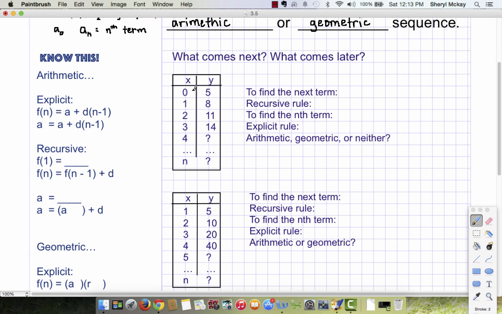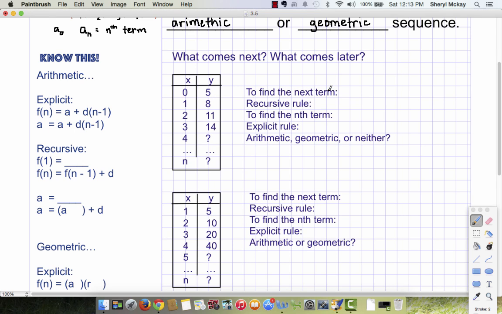So when the term is 0, our value is 5. When the term is 1, when it's the first term, our value is 8. When the term is the second term, the value is 11. When x is 3, y is 14. When x is 4, what is y?